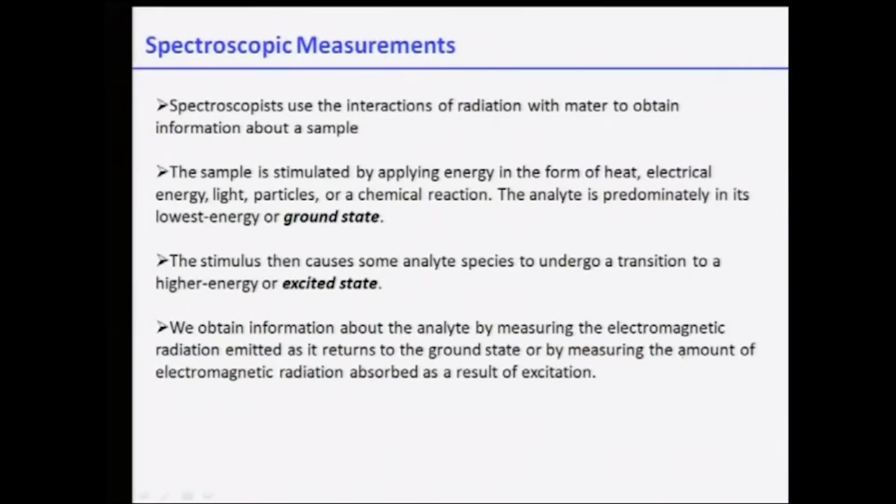So if this is what is actually happening in the material, then we can obtain information about the analyte by measuring the electromagnetic radiation that will be emitted when it returns to the ground state. Because if we excite any material by energy to a high energy level, then obviously after a certain time the material will come back to the ground state, or the low energy state, and the extra energy will be emitted.